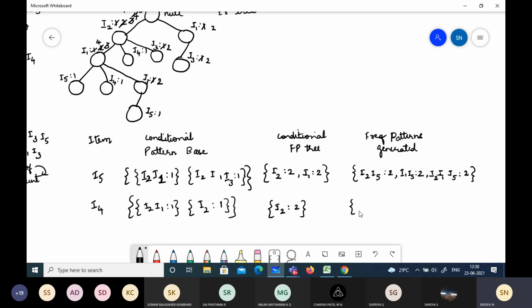So for this, if I generate the frequent pattern, what do I get? I'll join I2, I4, with count 2. That's it. Only one we got because we had only one conditional FP tree here. So we perform the join operation with this item. So I2, I4 with 2.